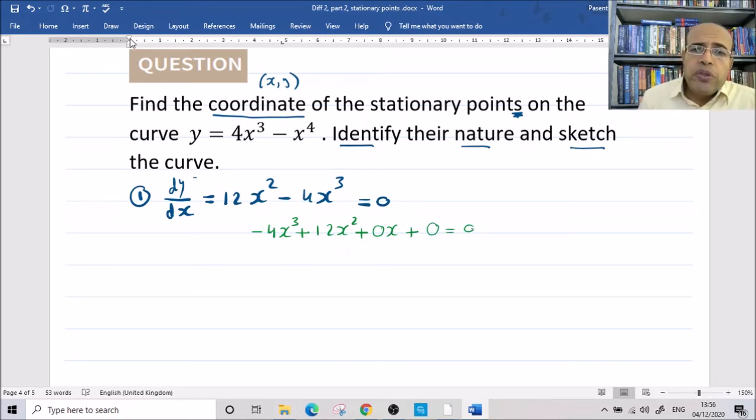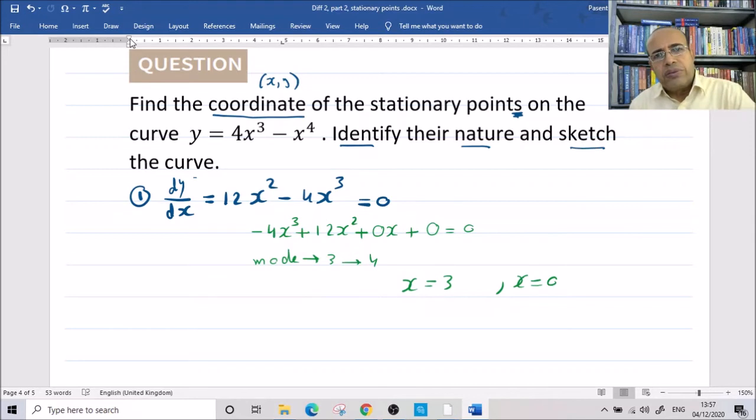We go to the calculator and press mode 3, 4. Then we write the coefficients in order: negative 4 equal, 12 equal, 0 equal, 0 equal, equal. You will get x1, the first root, equal 3. x2 is 0.